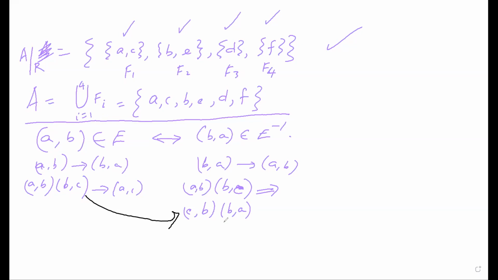This is like A comma B, because we found that it is symmetric, and this is like B comma C. But then from here, it gives you A comma C, and we are done, isn't it?